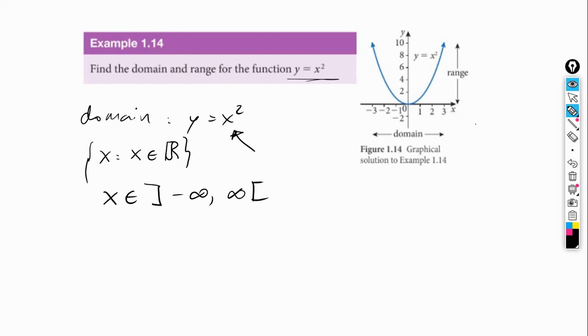Okay, so how about the range? Well, in this case, the range is always going to be positive, because if you square any number, the result will be positive. And you can see this in the graph right here. Notice that the range starts at y equals 0. We would say then that in set builder notation, y is such that y is greater than or equal to 0, and y is real.